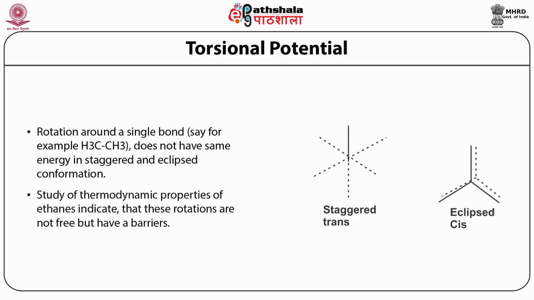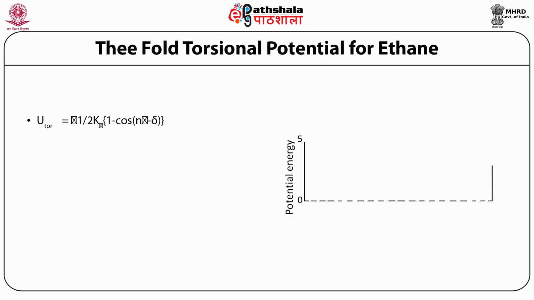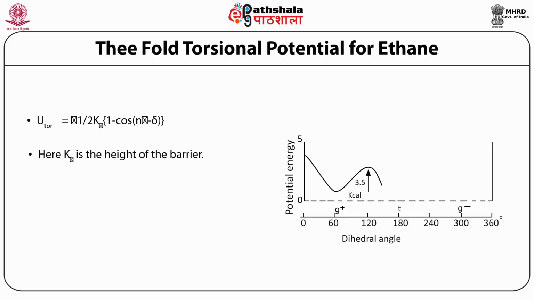Study of thermodynamic properties of ethanes and other molecules indicate that these rotations are not free but have barriers. For example, in case of ethane, the threefold torsional potential is shown in this picture, and it is represented by the same equation, half k phi, where k phi is the barrier to the rotation and phi is the dihedral angle.